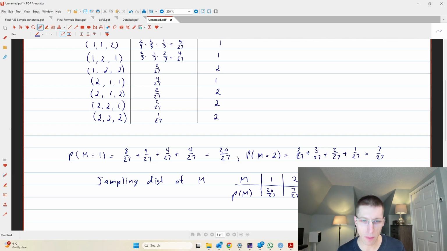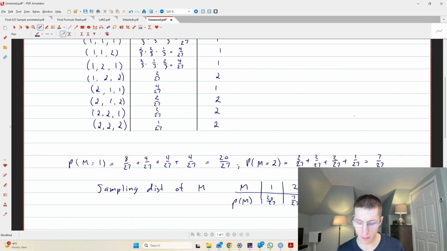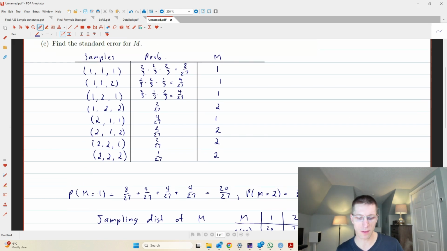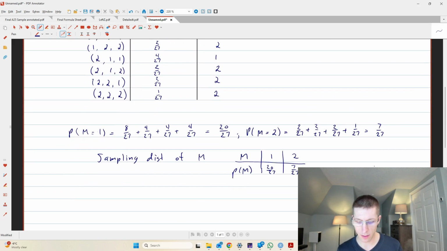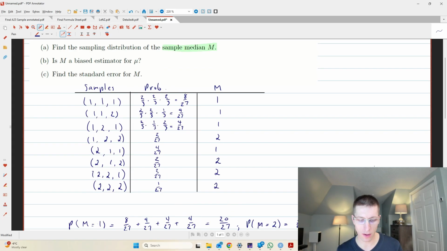And for that to be a probability distribution, those need to add up to 1, which they do. If they didn't, you must have made a mistake in this table.